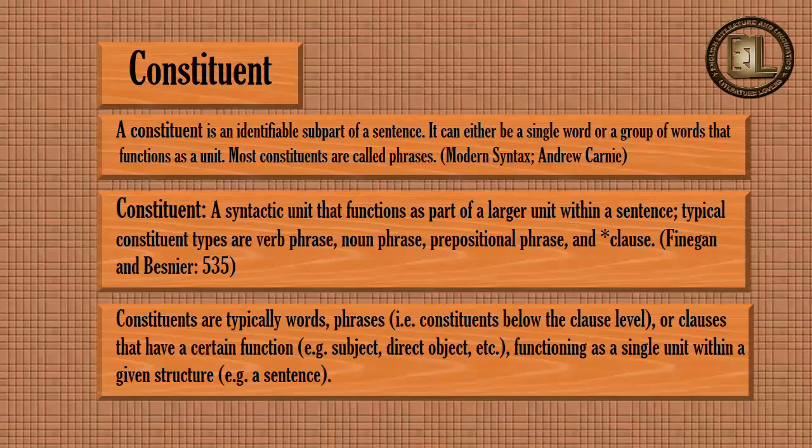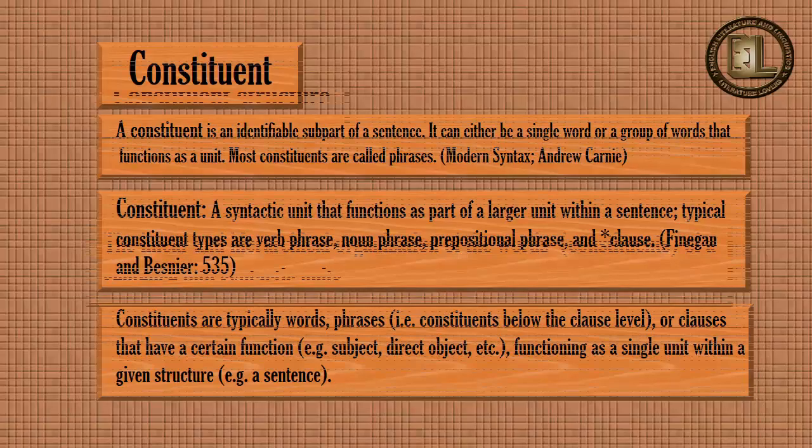Constituents are typically word phrases below the clause level, or clauses that have a certain function, for example, subject, direct object, etc., and function as a single unit within a given structure, such as a sentence.